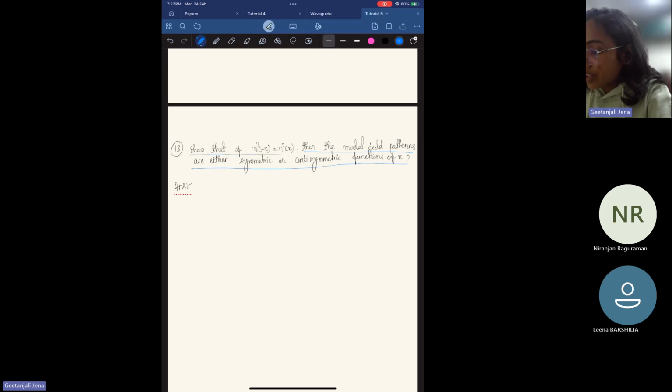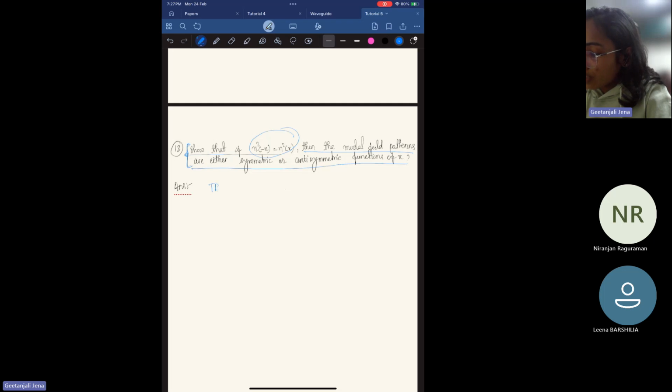So we have utilized this concept to find out what the modes of a symmetric planar waveguide are, right? So now we'll see this kind of profile whenever we have n square x equal to n square minus x.